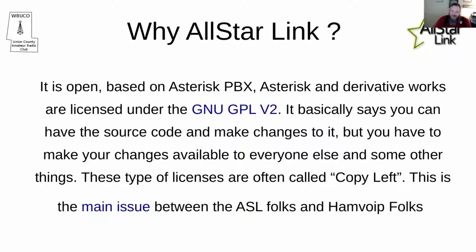And it has a few other things in the license as well. These types of open source licenses are often called copyleft licenses, as opposed to copyright licenses. And this is the main issue between the ASL folks and the HamVoIP folks.